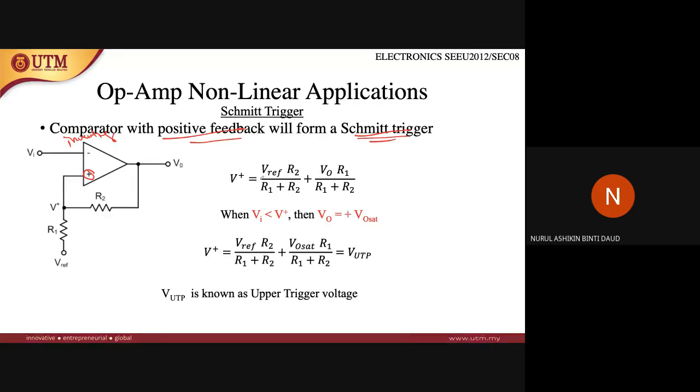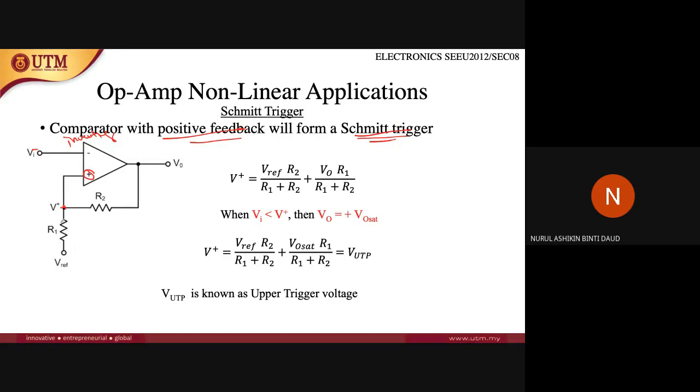So V plus is equal to V reference times R2 over R1 plus R2, plus VO times R1 over R1 plus R2. How do we get this V plus value? Again, you need to solve one by one, what we have done just now.